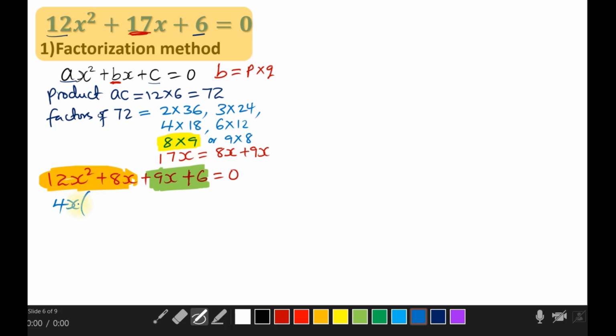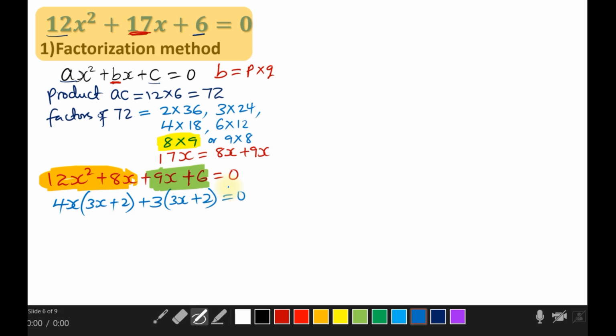So 12x squared divided by 4x, that is 3x, then plus 8x divided by 4x, we have 2. So the bracket, then plus 9x and 6, 3 is common. So 9x divided by 3, we get 3x, and 6 divided by 3, that is 2. Close the bracket, equal to 0.